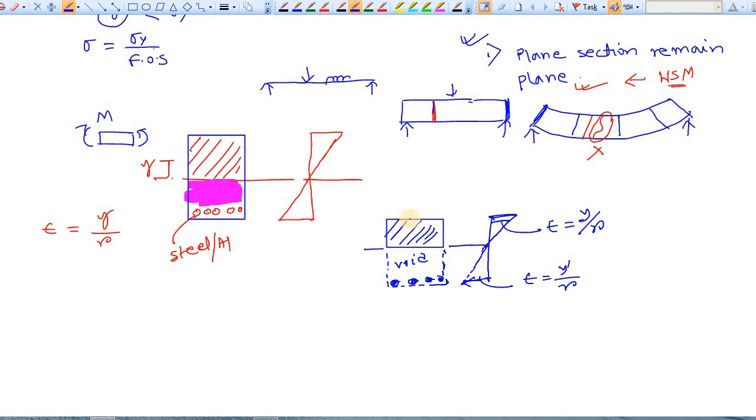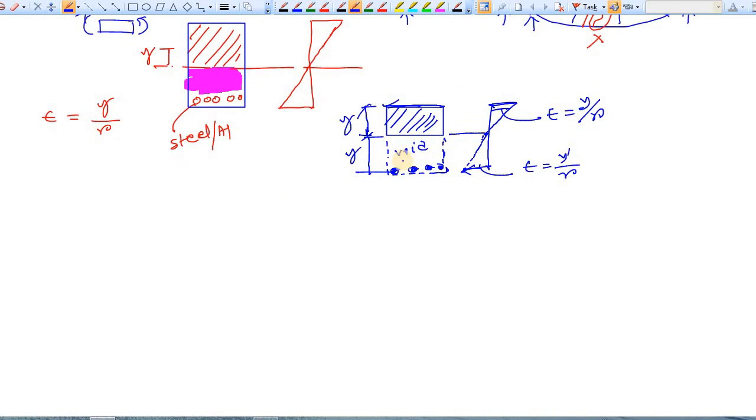Now let's say the furthest fiber in concrete is at a distance of y, and the furthest fiber of the steel is also at a distance of y. Now when you are applying your bending moment, what will happen? In the actual case, it is not void. This void is not actually void. What is there? There is some concrete.